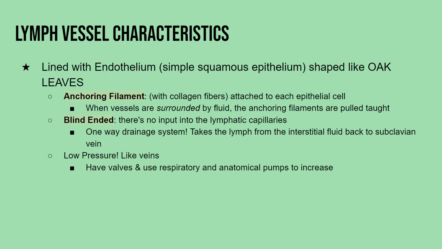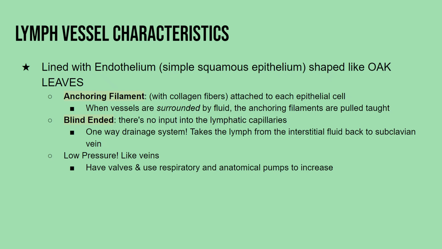They're blind-ended, which means there's no input. So it's not really like the circulatory system where we have a constant loop. We're taking things from the capillaries and bringing it back to the heart, and that's where it ends, at the heart.